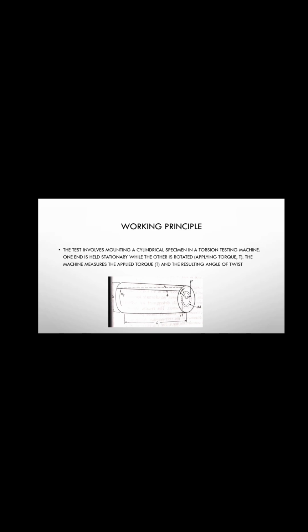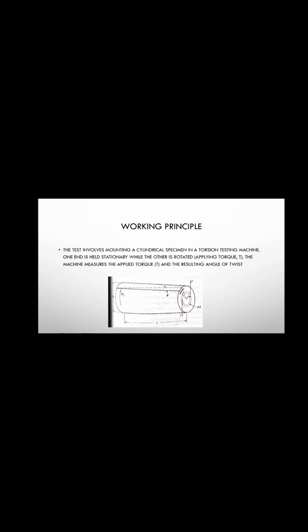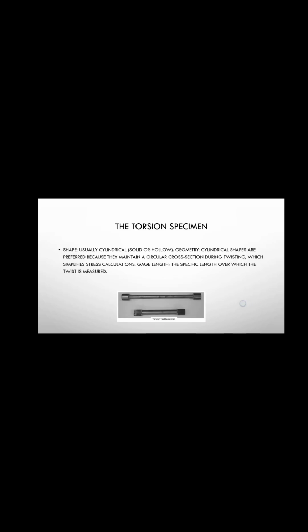And the key formulas and theories are T/J = tau/R = G theta/L. Here T is the torque that we saw before, R is the radius of the rod, and J is the polar moment of inertia.